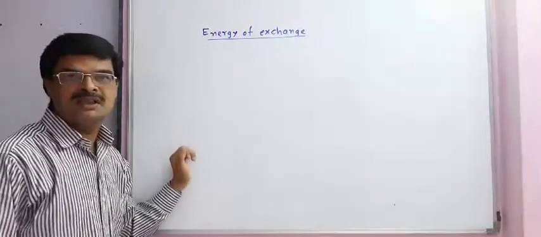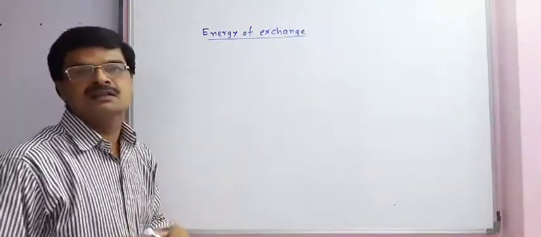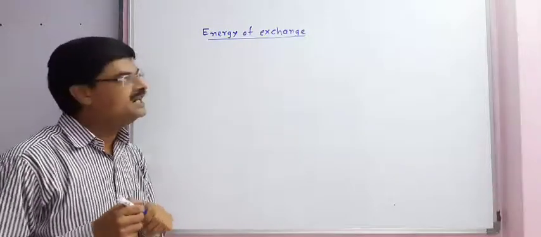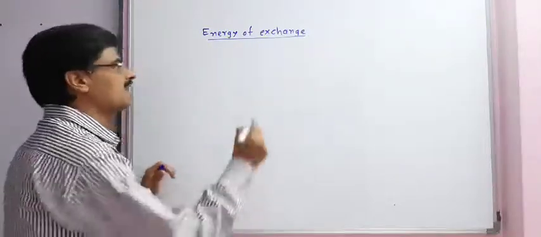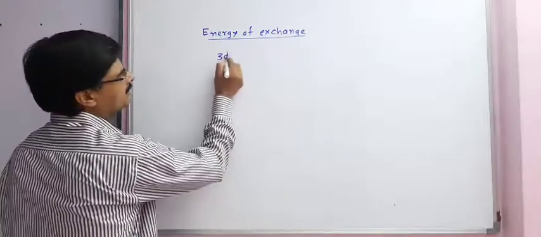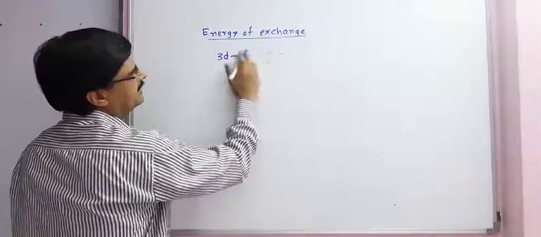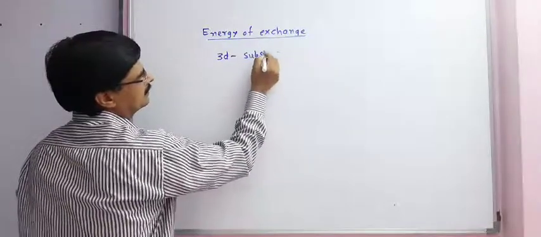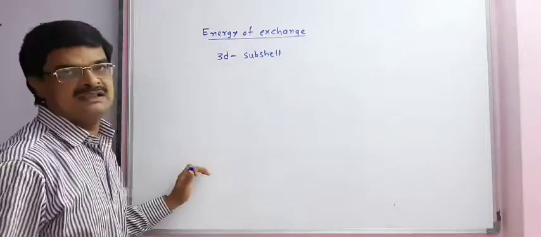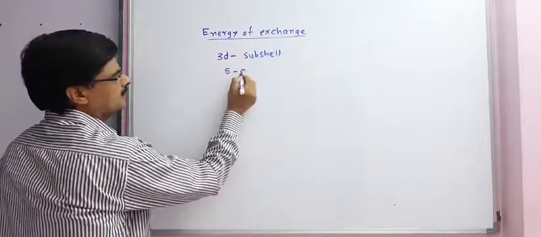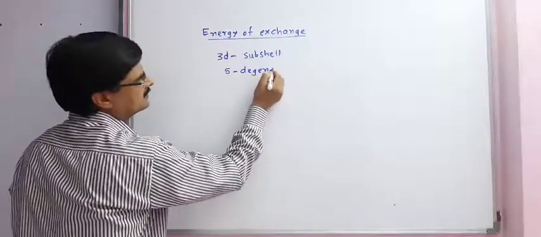If more than 2 electrons are present with the same spin in degenerate orbitals, here we take the example of the 3d subshell that contains 5 degenerate orbitals.